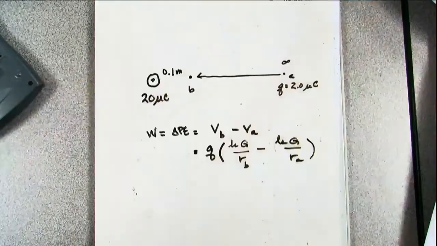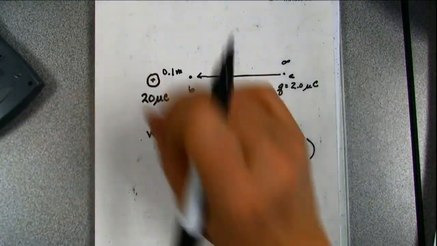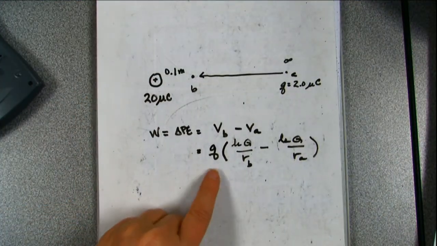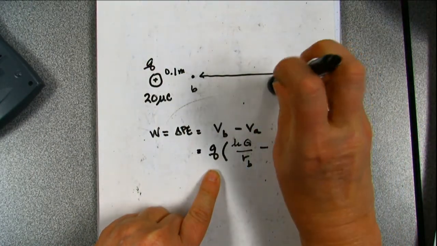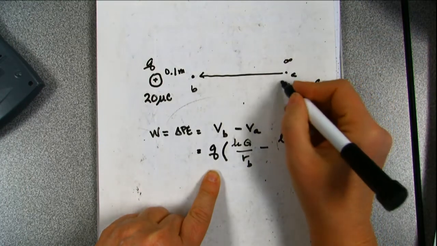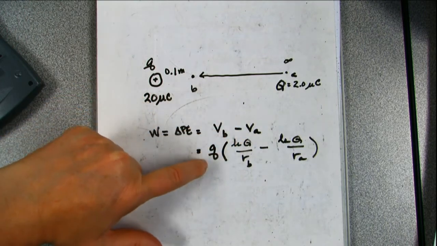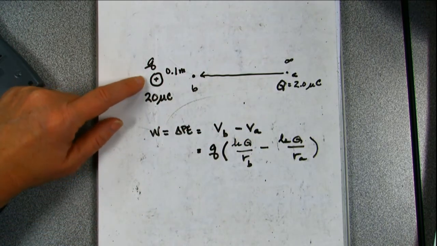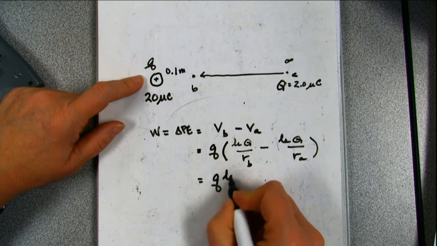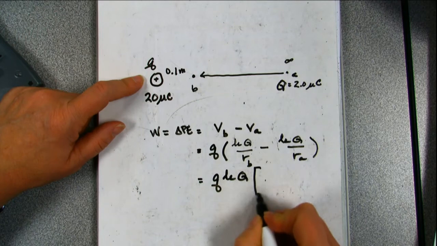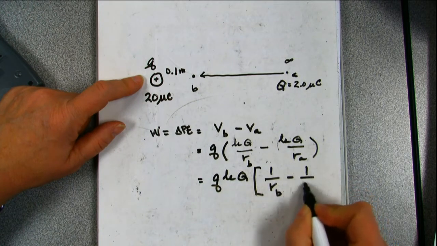Now this q is the charge that I'm bringing in, and that Q is the charge on this side. So I'm going to draw my picture differently so we can keep track. So I can get qkQ times 1 over rB minus 1 over rA.